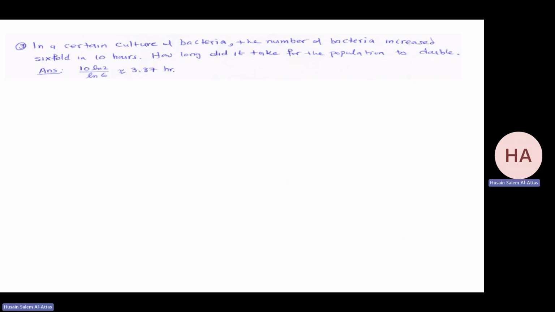And a certain culture of bacteria increased 6-fold in 10 years. Start, we say B of T is B0 e^(kt). B at 0 equals B0. I have B at 10 is 6 B0.